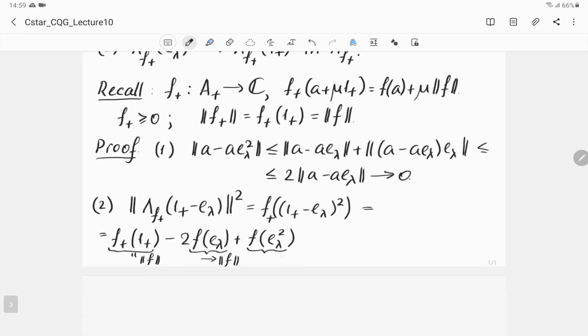So this net also converges to the norm of F. So after we take the limit, we get the norm of F minus 2 multiplied by the norm of F plus the norm of F. That is, the result is 0. So this converges to 0. Okay, and so this means precisely that the image of E lambda converges to the image of the identity.